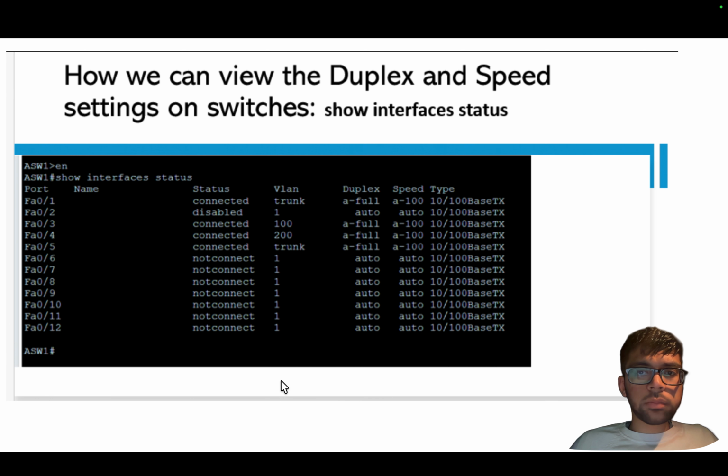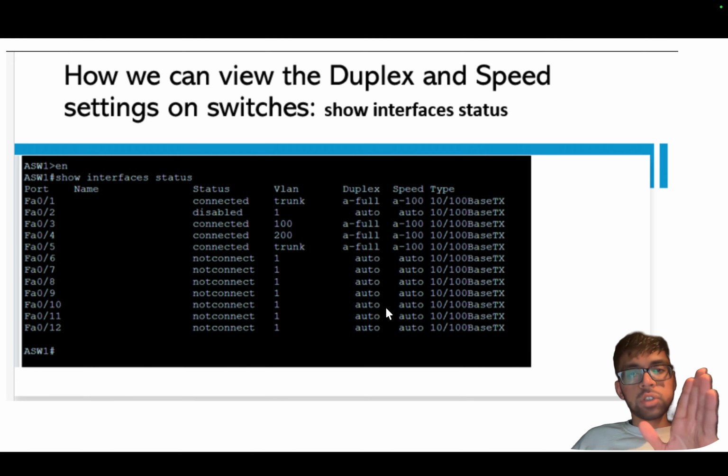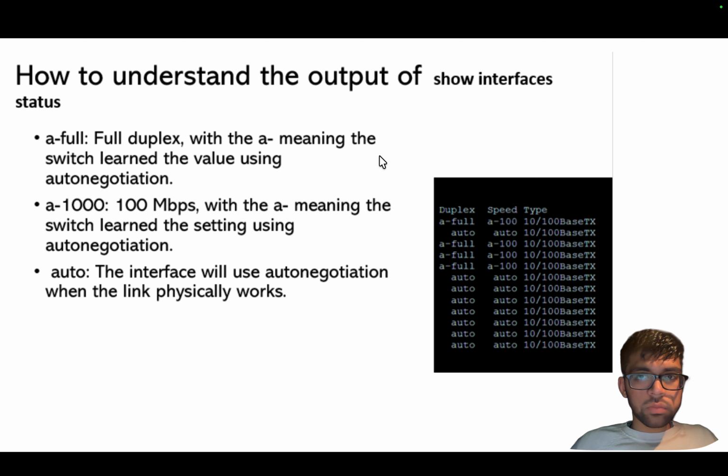Now, how you can view the duplex and speed settings on switches: use show interfaces status, and here you can see duplex settings and speed settings right there. To understand this output, A-full means full duplex, and the A means the switch has learned this value using auto negotiation.